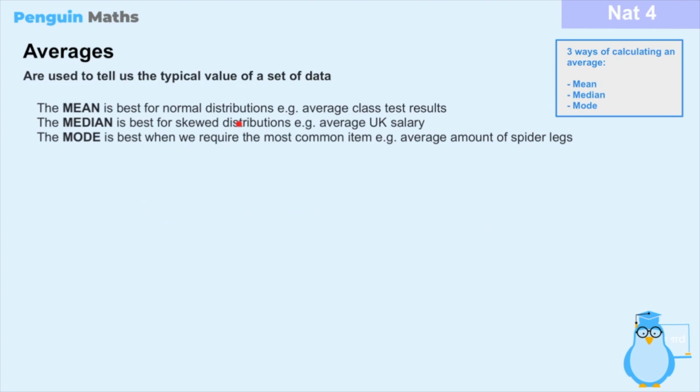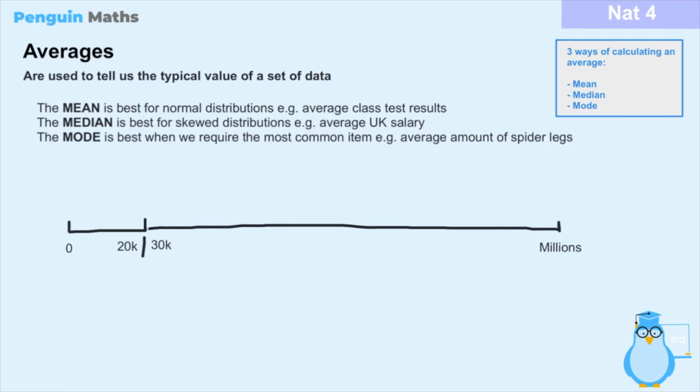But when we have skewed distributions, for example, calculating the average UK salary, it might be best to use the median as a means of calculating the average. The reason the average UK salary might be a skewed distribution is because you could imagine that most people in the UK would be earning roughly around 20,000 to 30,000 each year, and they would fall within this category on our scale.